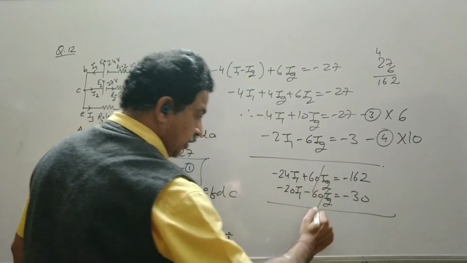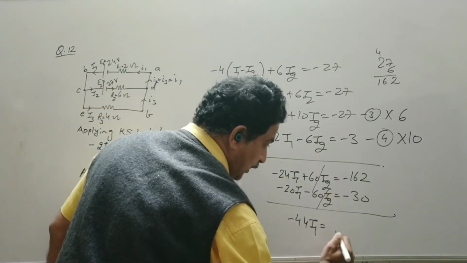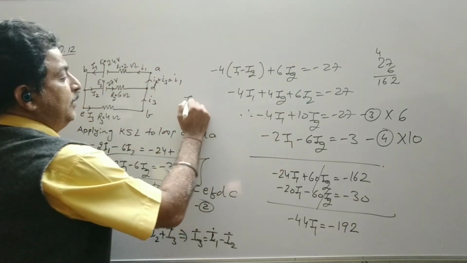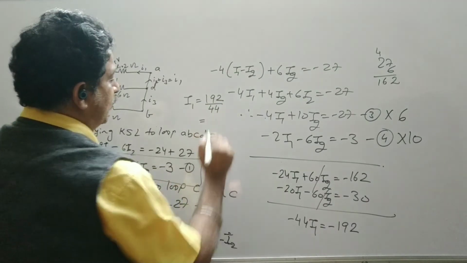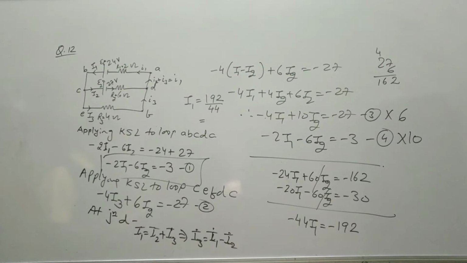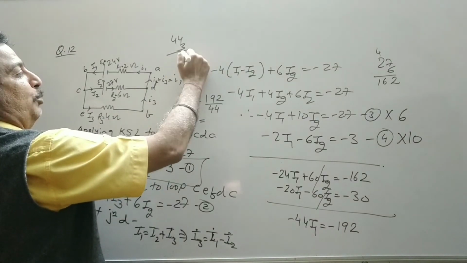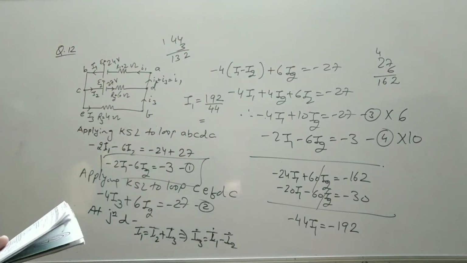Now we add these equations. So this becomes minus 44 I1 is equal to minus 192. So I1 is equal to 192 divided by 44. If we go through the options, we check that 44 threes are 132, so 3 ampere is not possible.